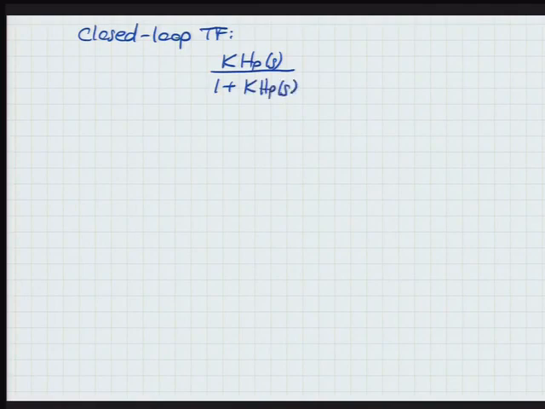HP of s was very simple, it was 1 over ms. So you have k over ms over 1 plus k over ms. And then multiply things by s, so you'll get k over m, over s plus k over m.